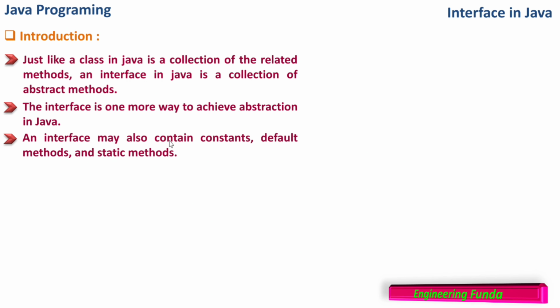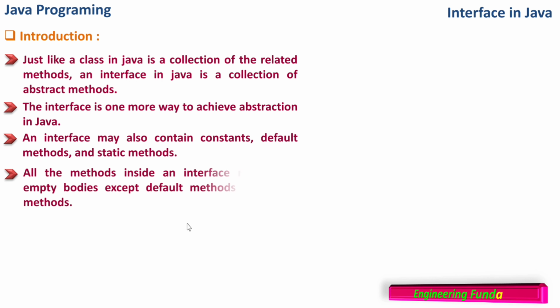An interface may also contain constants, default methods, and static methods. So there may be member variables also in the interface, which will be constant values, or we can have some default methods and static methods. All the methods inside an interface must have empty bodies.